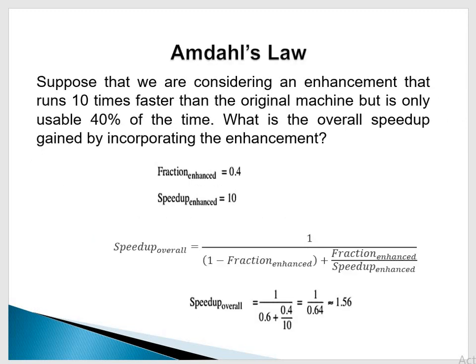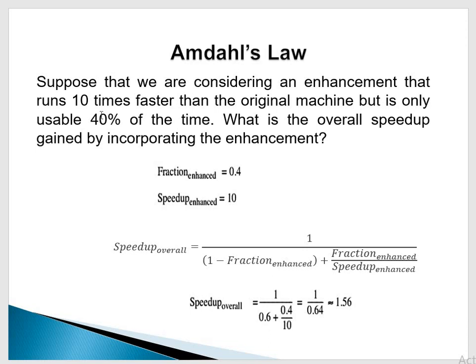Now we will try to understand the physical significance of Amdahl's law with respect to different examples. We are considering an enhancement that runs 10 times faster than the original machine. Let's suppose we have made some enhancement in the machine, and that enhancement was on 40% of the total execution time of that particular machine.